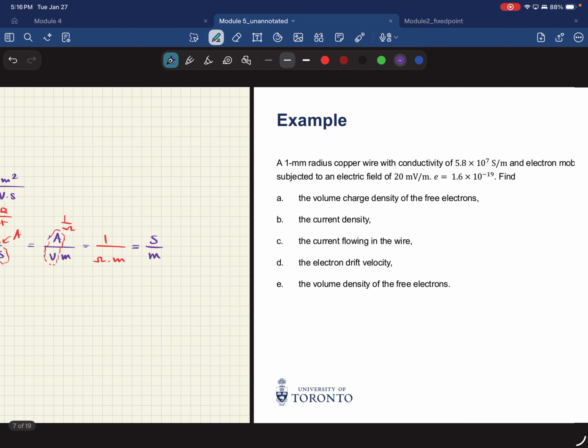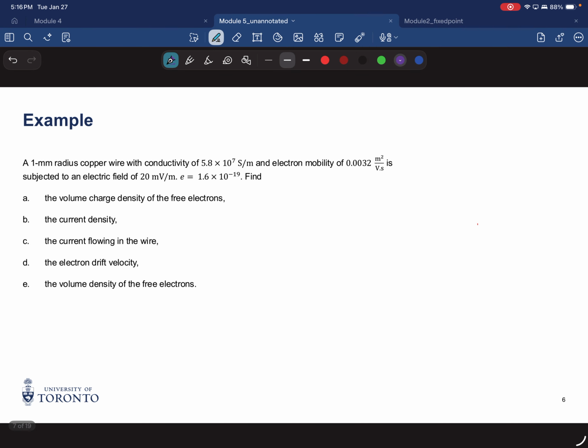Now let's solve an example here. It says we have a 1 millimeter radius copper wire, copper being a perfect conductor, with conductivity of 5.8 multiplied by 10 to the power 7 Siemens per meter. So let's break this down. This is sigma.